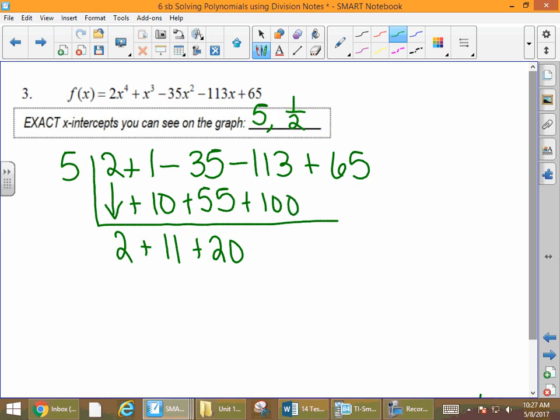Negative 113 plus 100 is negative 13. And 5 times negative 13 is negative 65. Positive 65, negative 65 is 0. And again, what we just did is we proved that 5 is a root of our polynomial function.